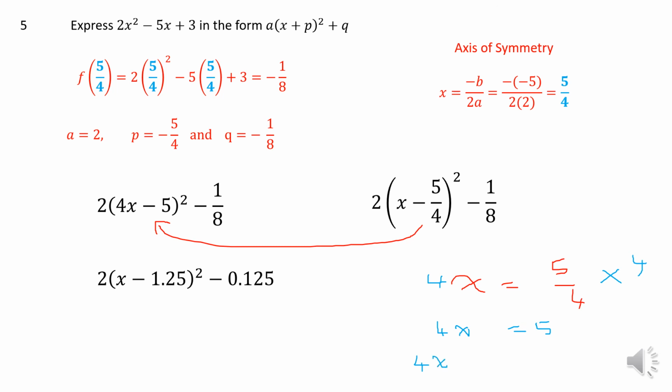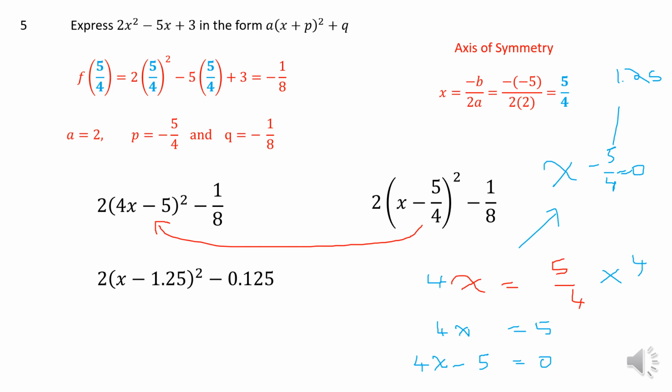So 4x minus 5 is equal to 0. Or alternatively, you can just bring that whole thing over, and you get 0. So that's basically what it means there. And obviously this is also a decimal as 1.25. So again, there you go.